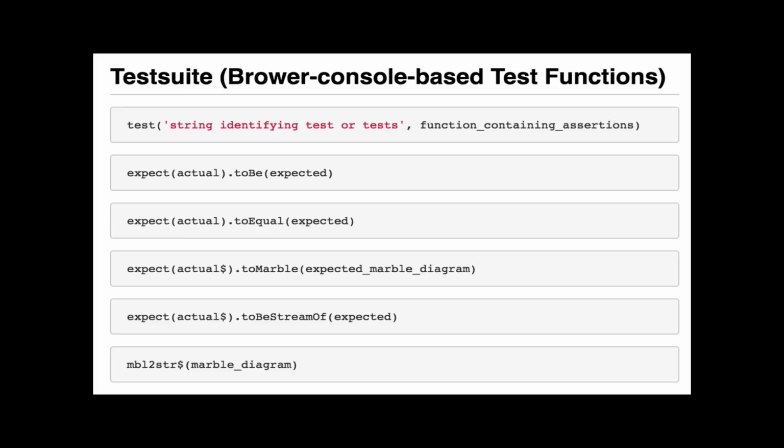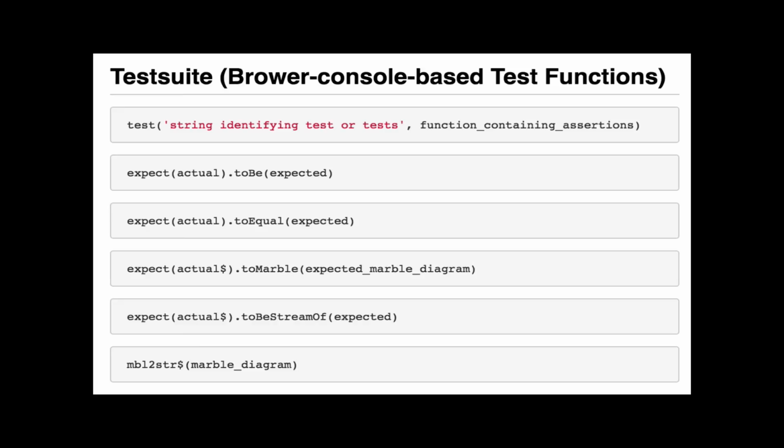The next two functions deal with observable streams. toMarble passes whenever the actual stream has the expected marble diagram, in ASCII marble diagram. And expectedToBeStreamOf passes whenever each element of the actual stream, each item, is equal in the JavaScript sense to expected. It's particularly useful when you're testing an actual stream that contains a single element.